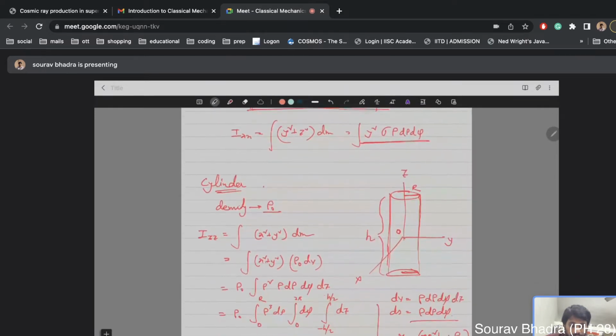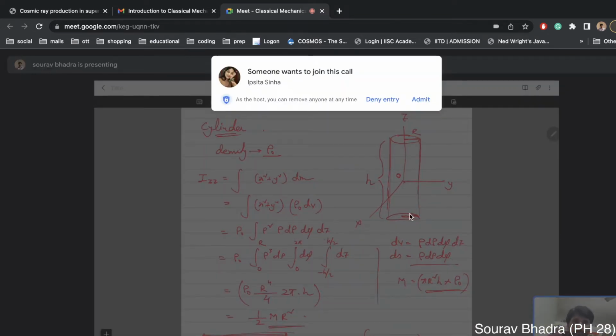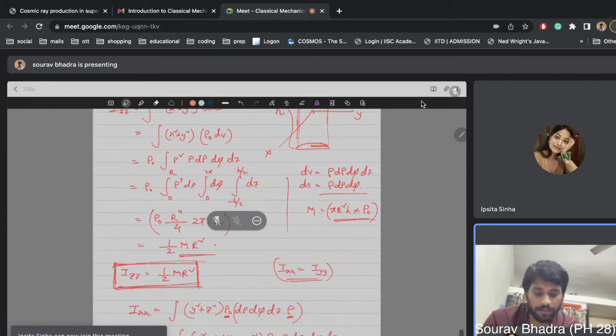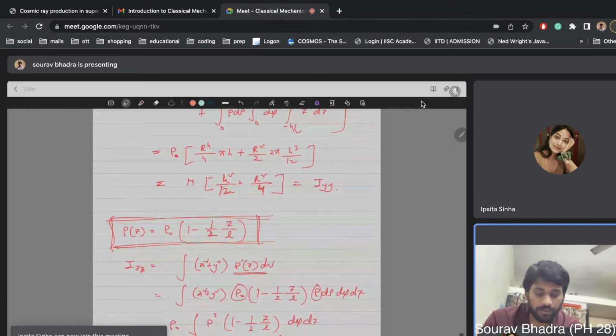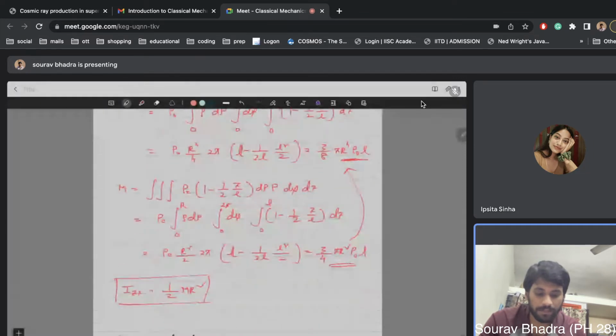Then I calculated the moment of inertia corresponding to a cylinder, and I also solved the example with varying density, where the density was not a constant. So this type of problem I solved in the last class.